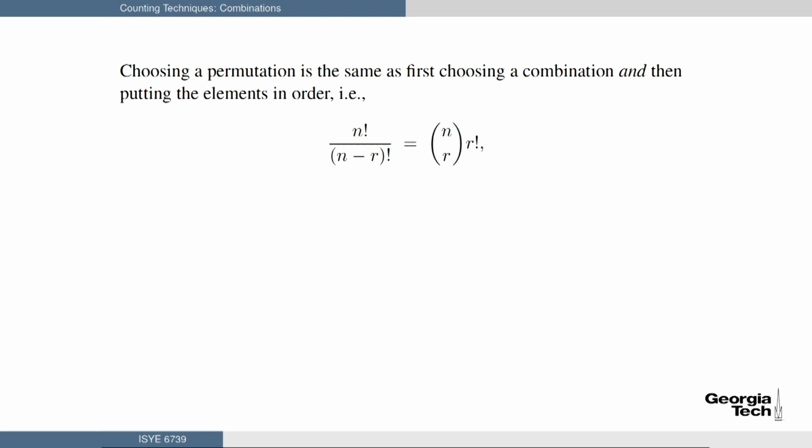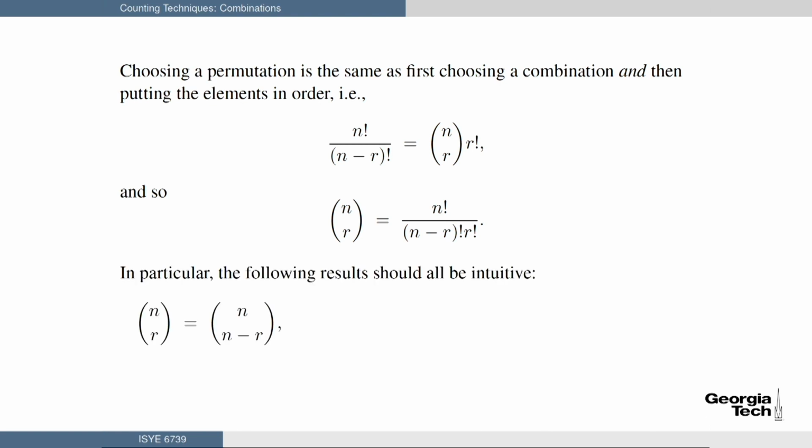So n choose R times R factorial. Thus, n choose R, the number of combinations of n things taken R at a time, is, solving the previous equation, n factorial over (n minus R) factorial times R factorial, which is what I promised on the previous slide.